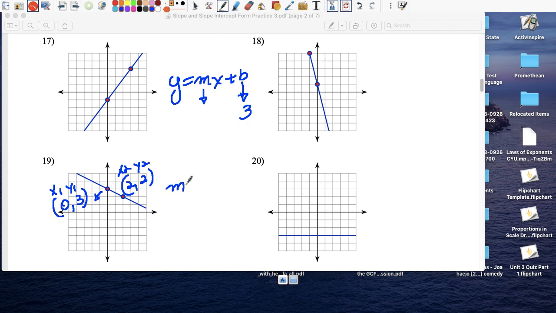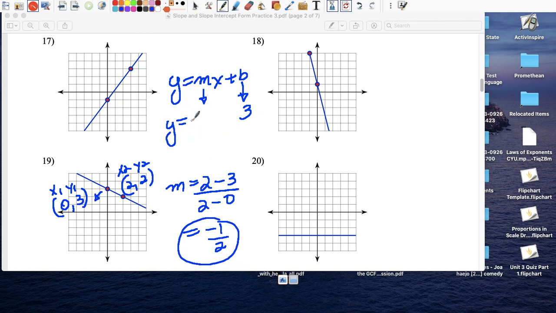So slope equals 2 minus 3 over 2 minus 0. 2 minus 3 is negative 1, 2 minus 0 is 2. So our slope is a half. Now that I have my slope, I can write y equals negative a half x plus 3. The slope is coming down, so we know it's negative, and the y-intercept is positive 3.